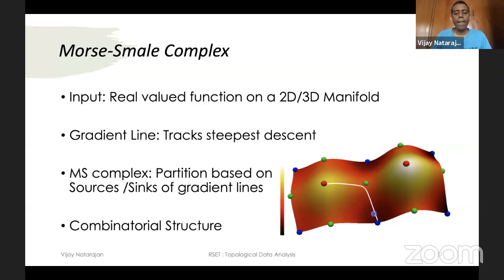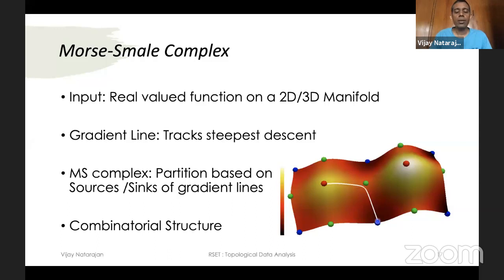The gradient line here is a white gradient line. This tracks the steepest descent. Another way to think of this is you take a drop of water and place it anywhere on this white curve and let it go. Let's assume that it follows the gradient. This is the path that it will take while it's descending.